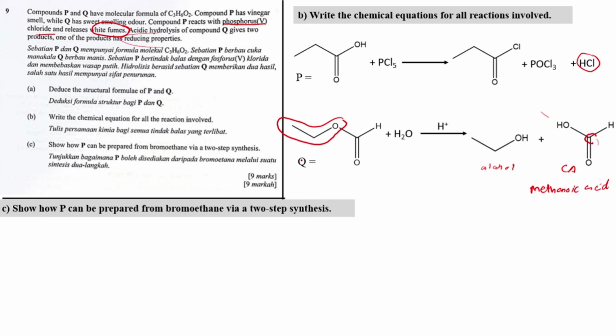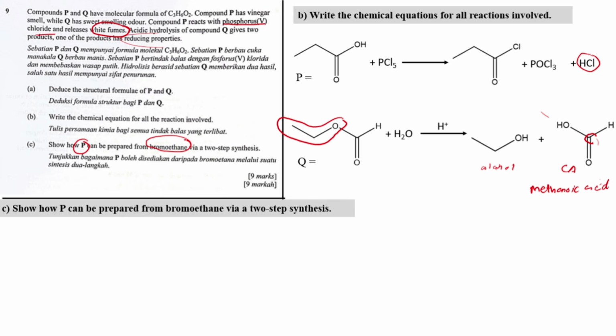Okay, and for the equation, remember, you need to give the reagent and also the condition in order to give the product. Now we're going to focus on C. So for C, we need to show how P can be prepared from bromoethane via a two-step synthesis.